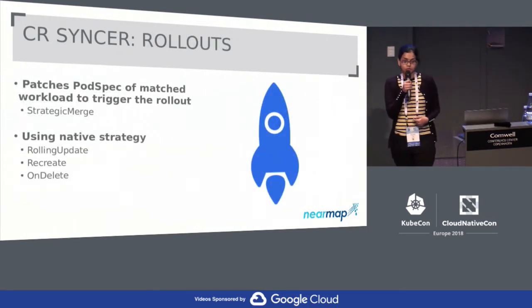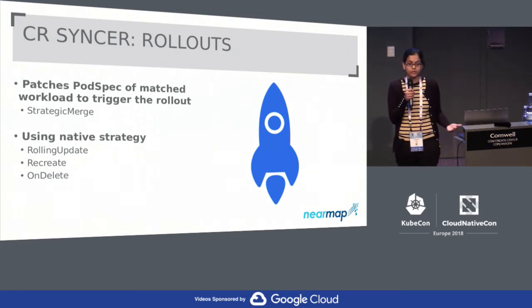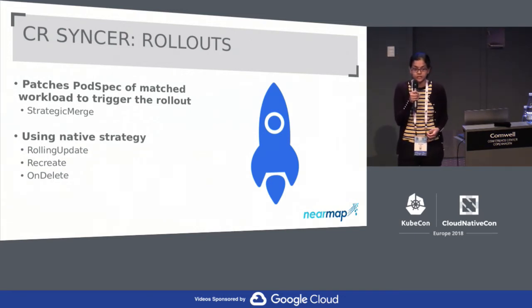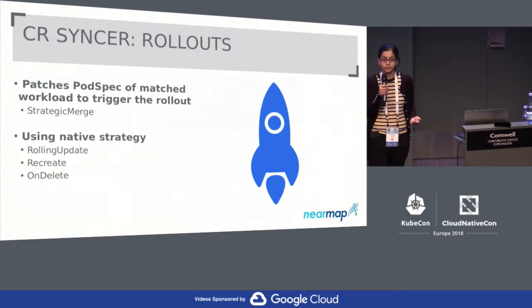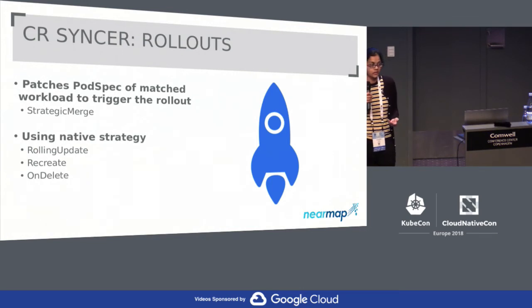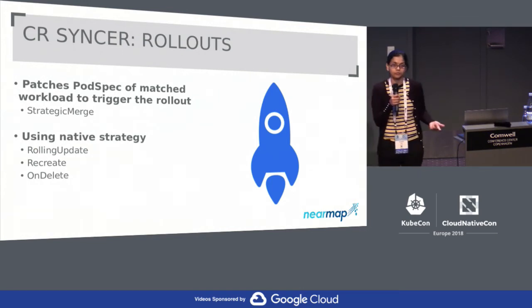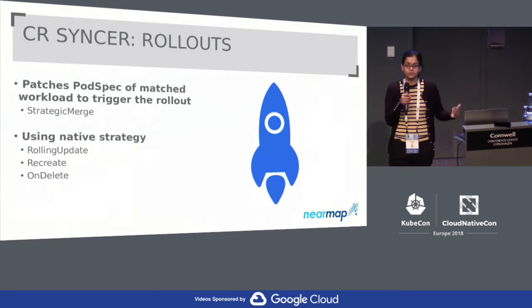As a part of rollout, what happens is the pod spec of the selected workloads are patched. We use strategic merge as a patch strategy to allow for any external changes in the pod spec. External changes could be in terms of replica count or even resources. There are various configs that could be changed, but it shouldn't modify anything else other than version.